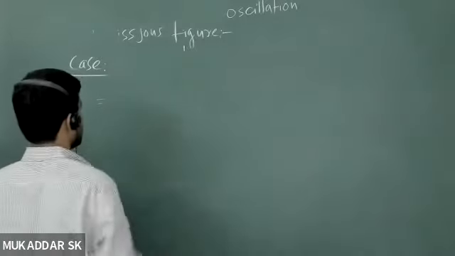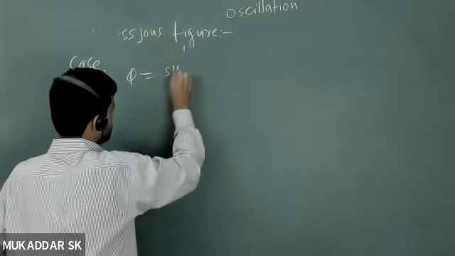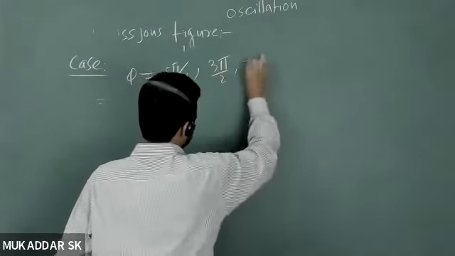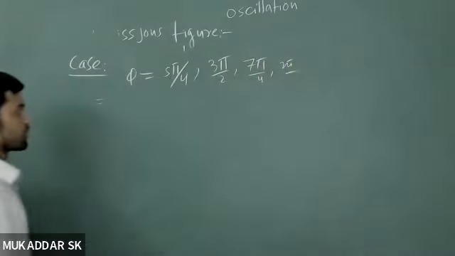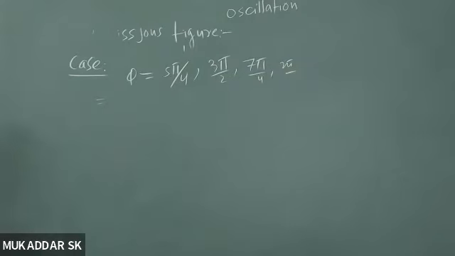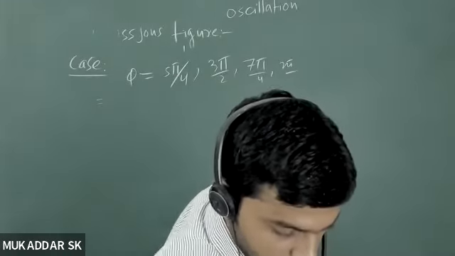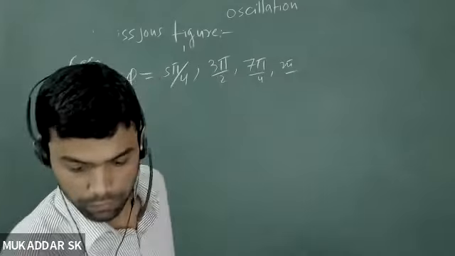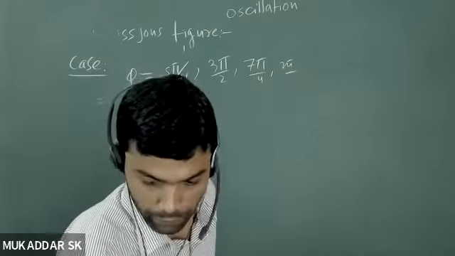You have to check the trajectory when phi equals 5 pi by 4, then 3 pi by 2, 7 pi by 4 and 2 pi. So for these 4 phases you have to check what kind of trajectory it will be. Please do it. Can you be able to solve? Yes, sir. You can do it, right? Yes, sir.